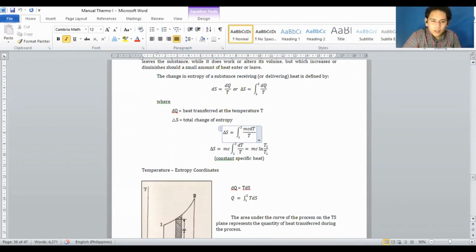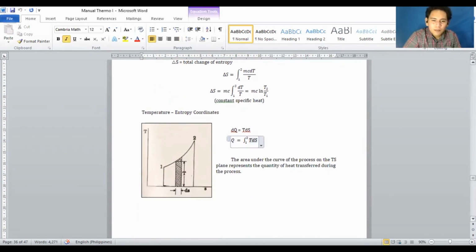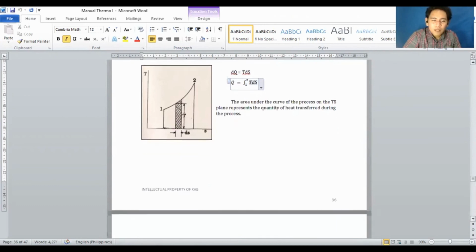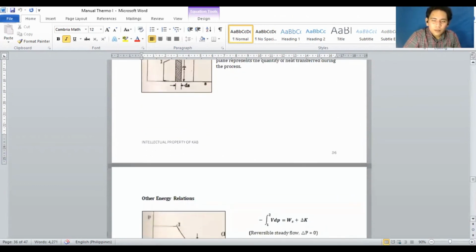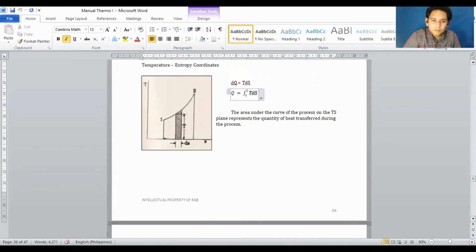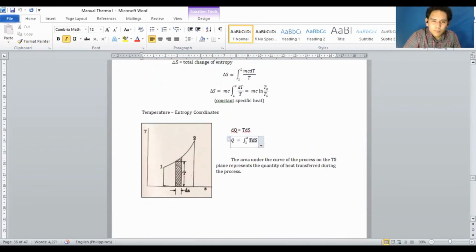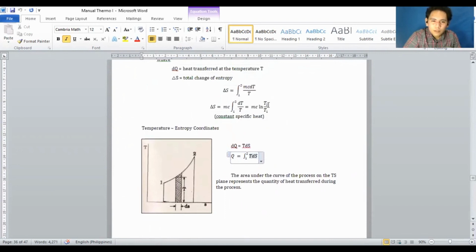So now, Q equals T dS, which is your temperature times the change in entropy. Upon deriving, we result to this kind of formula.